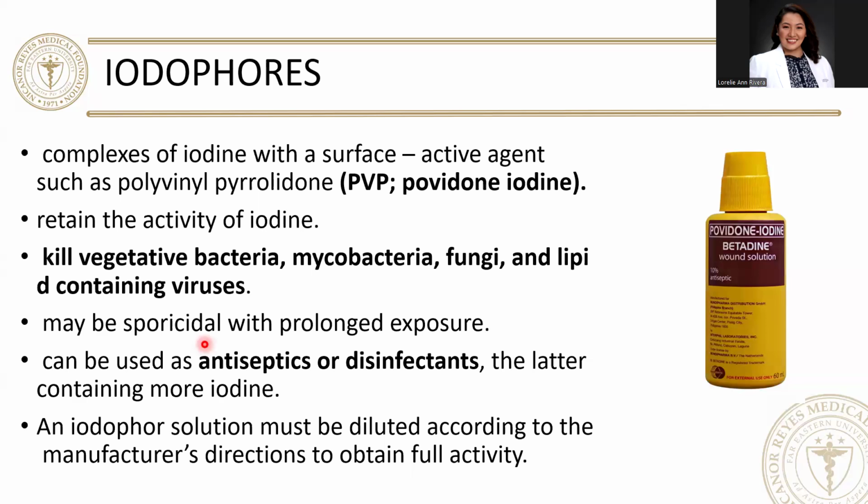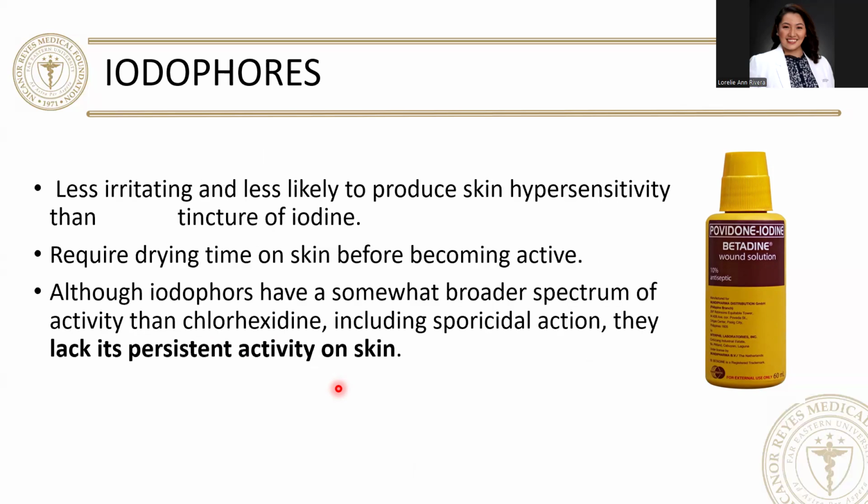They may be sporicidal with prolonged use, and they can be used as antiseptics or disinfectants, with the latter containing more iodine. And the iodophore solution must be diluted according to the manufacturer's direction to obtain full activity.